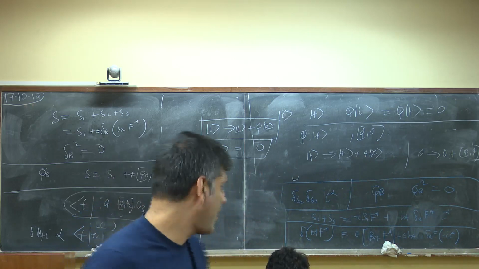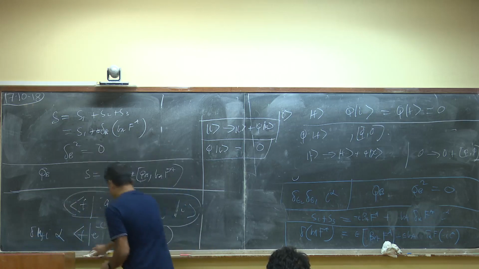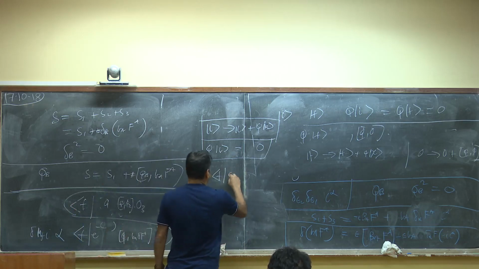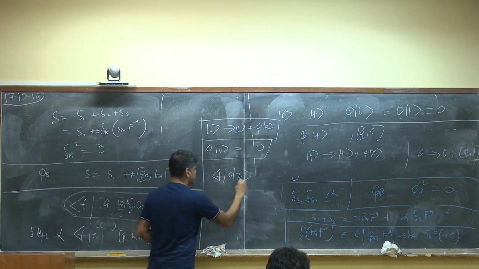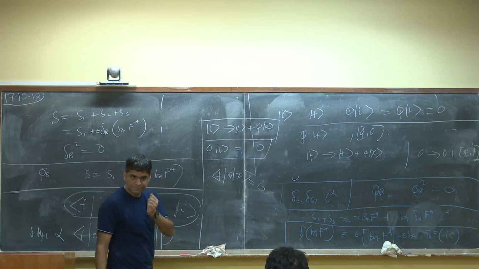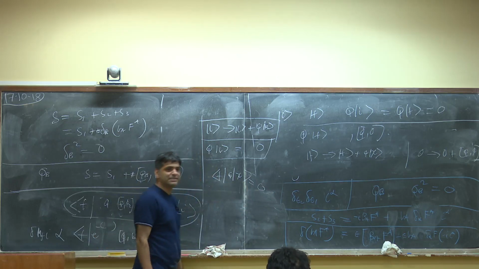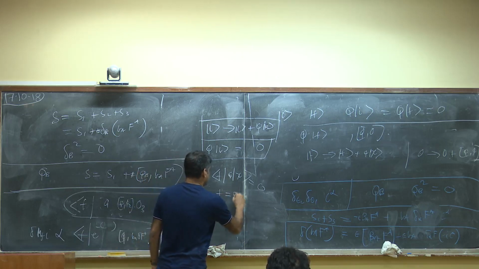Notice by the way that if F is a physical state and chi is any state, then this is equal to 0, because you can act the Q on F. Now, this is true for every physical state. So in particular, it's true for F equal to Q chi.